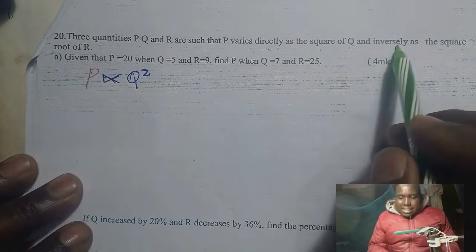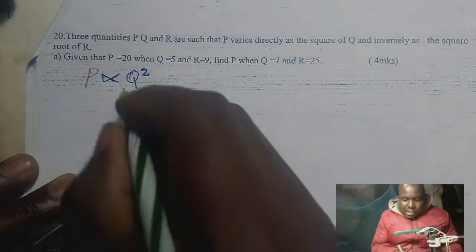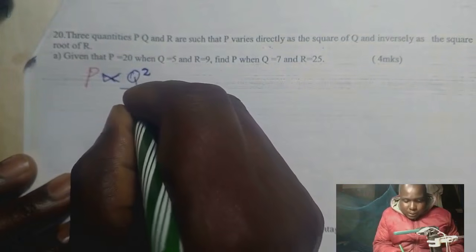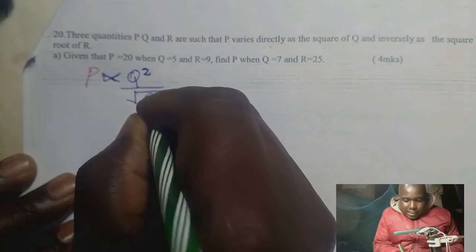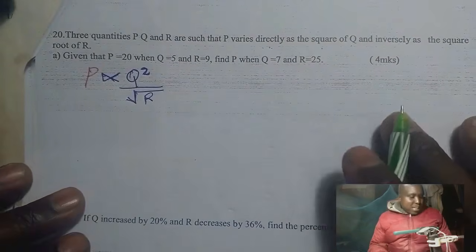And inversely is 1 over that, inversely as the square root of R. So P varies inversely as 1 over the square root of R. So that is what we need.